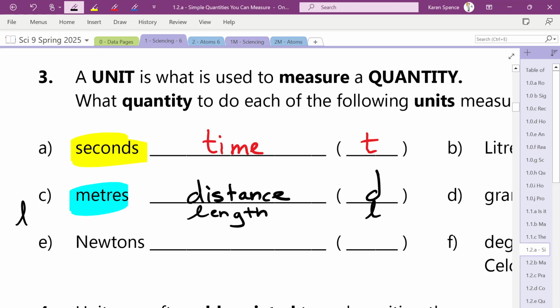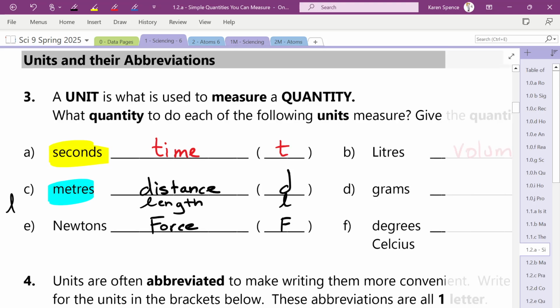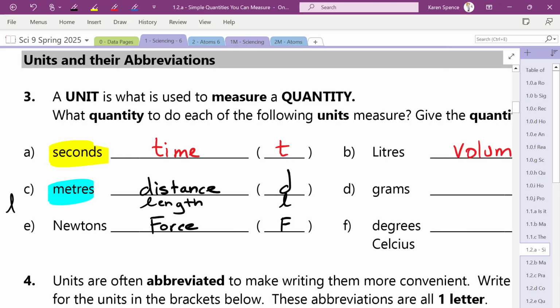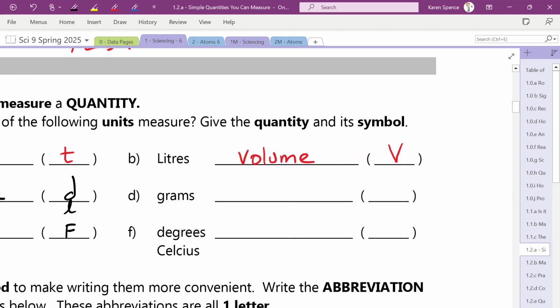Anyone want to take a guess as to newtons? What does newtons measure? Yes? Force. And force is represented by the letter F, capital or lowercase? Capital. Okay, and now we are moving over to grams.